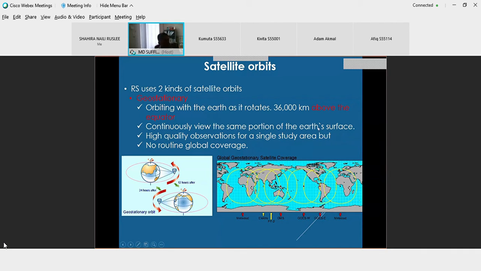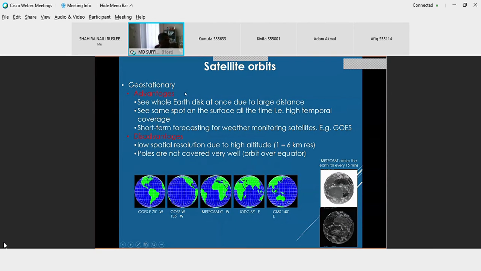So dia punya disadvantage because the altitude of geostationary is very high, 36,000 km. So you cannot get a very high resolution image. Advantages, see whole disk at once due to large distance.